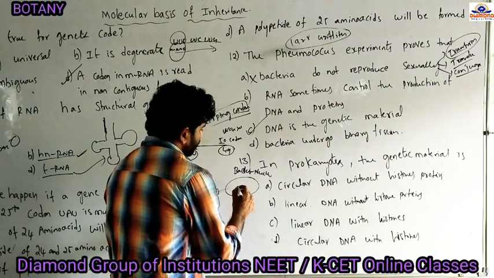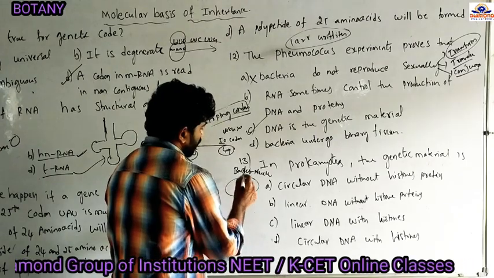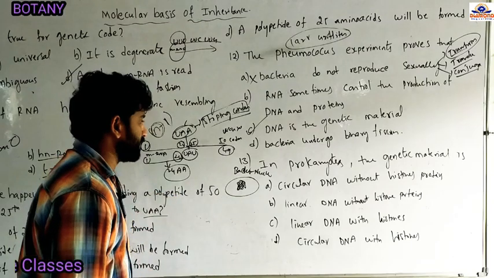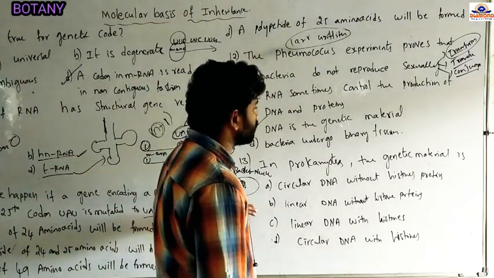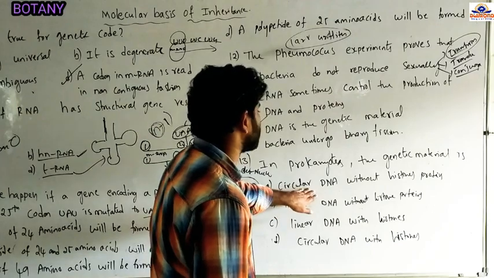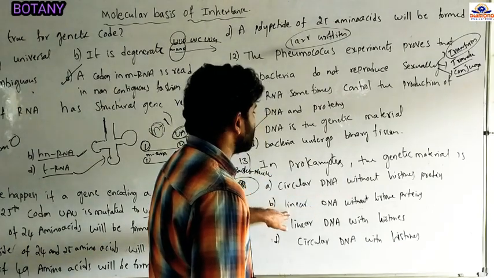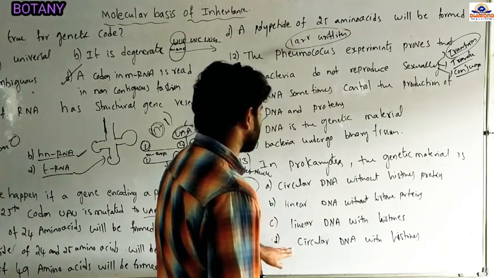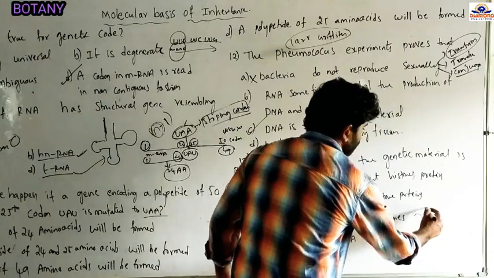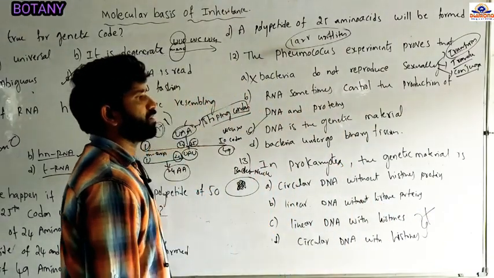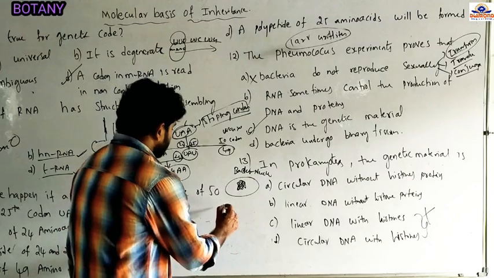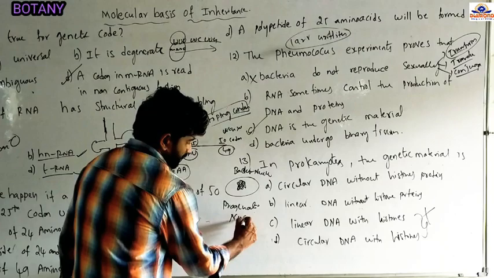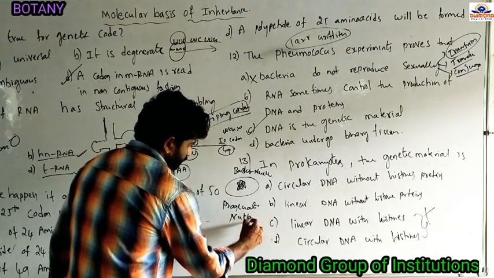In the cytoplasm of the cell, the genetic material is present freely, and we call it the nucleoid. The options given are circular DNA without histone proteins, linear DNA without histone proteins, linear DNA with histone proteins, and circular DNA with histone proteins. Histone proteins are absent in prokaryotic organisms, so we call the prokaryotic genome naked, without histone proteins.